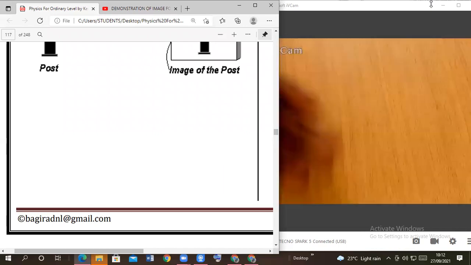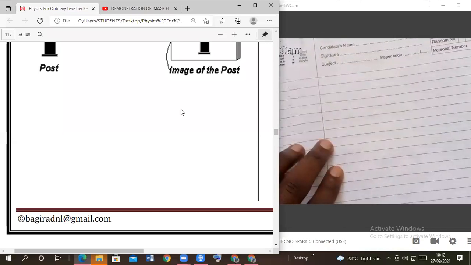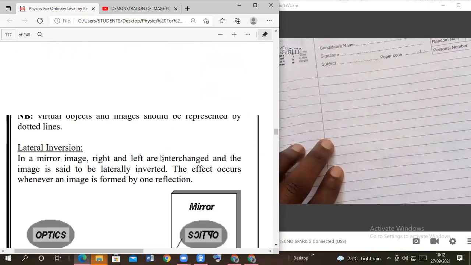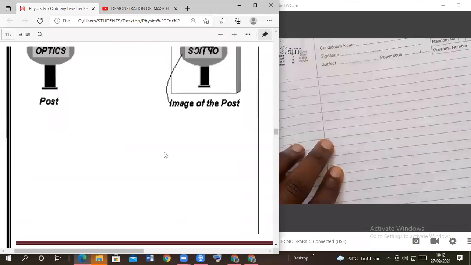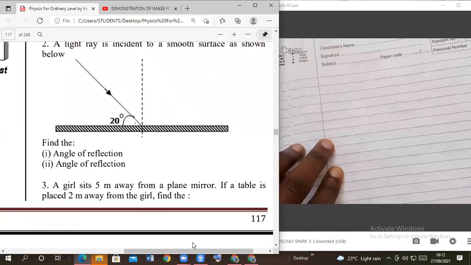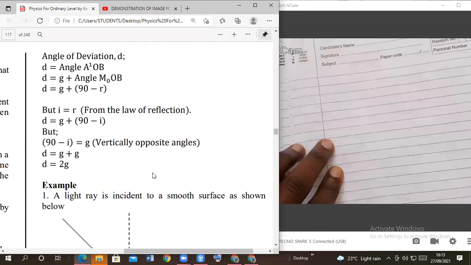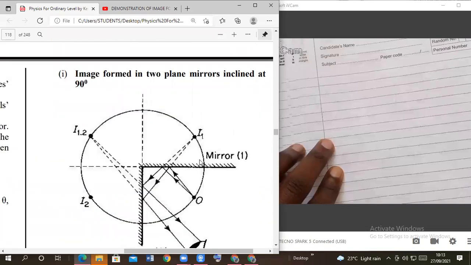Let's look at the subheading. Let me check what is in these notes. This one, they're just repeating what we have already discussed the other time. Good, it is here. Subheading: images formed in two plane mirrors inclined at 90 degrees.